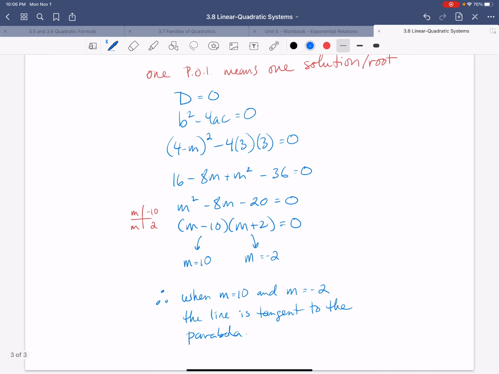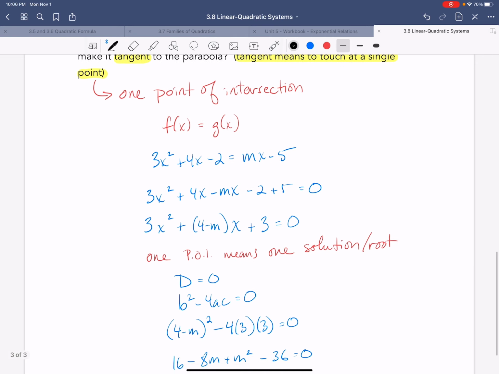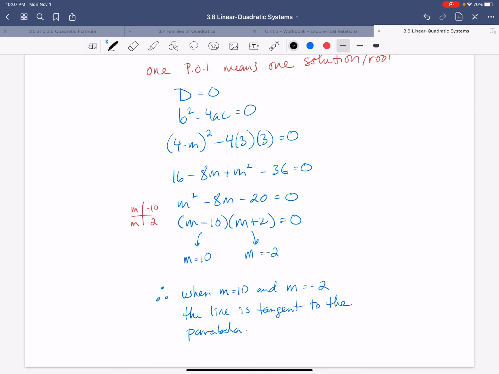Let me show you what this would look like in a quick sketch. I'm not going to be able to graph it exactly, but we'll do a quick sketch of what this could mean. You know what? Why don't I do it in Desmos, and you'll be able to see it a little easier.